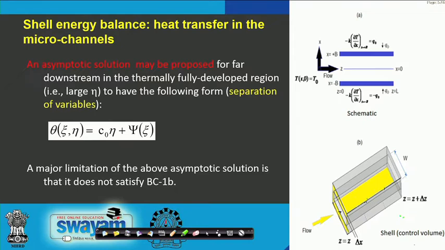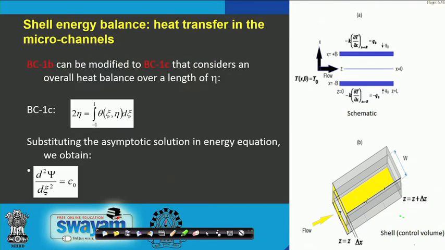This theta solution will be substituted in the dimensionless PDE, and we can find the solution here.